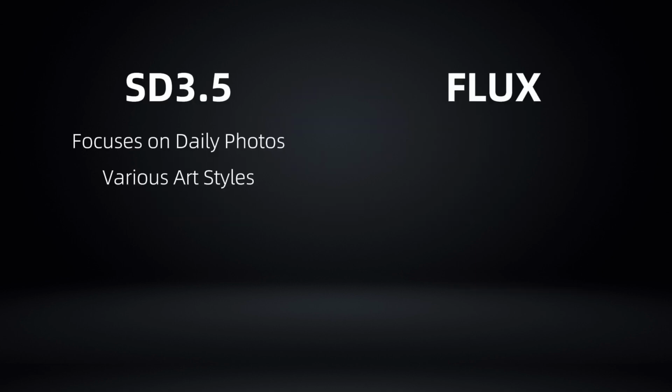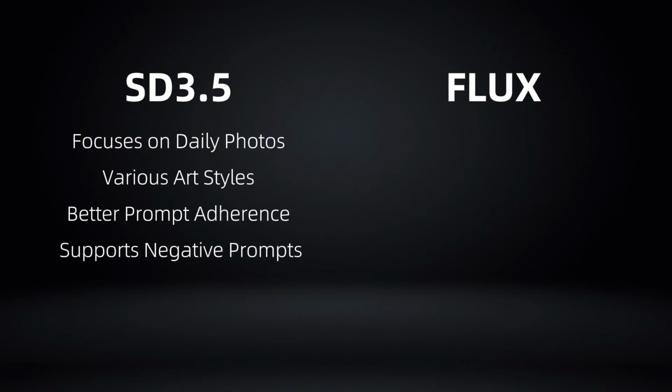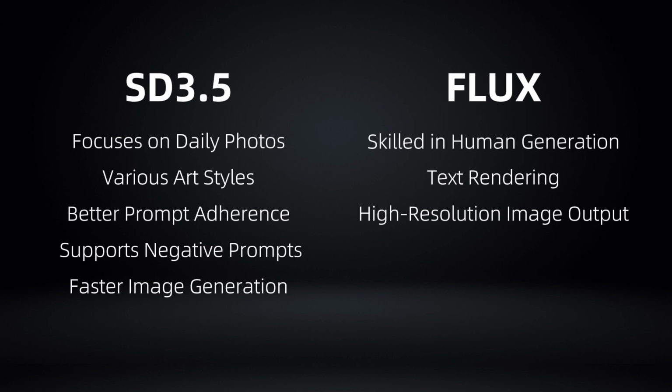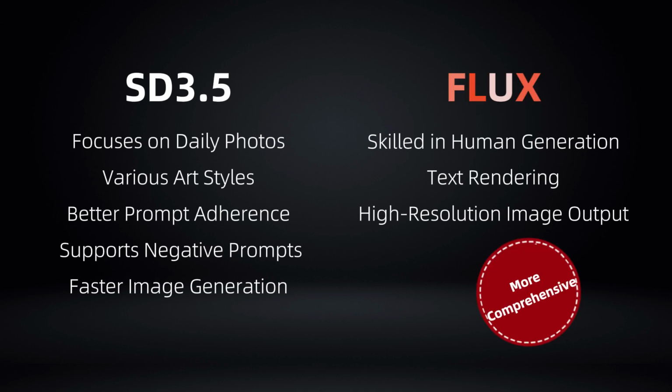SD3.5 excels in everyday photography, varied art styles, adherence to prompts, support for negative prompts, and faster generation. Meanwhile, Flux has strengths in generating human figures, text accuracy, and high-resolution images. Overall, Flux remains the more versatile choice.